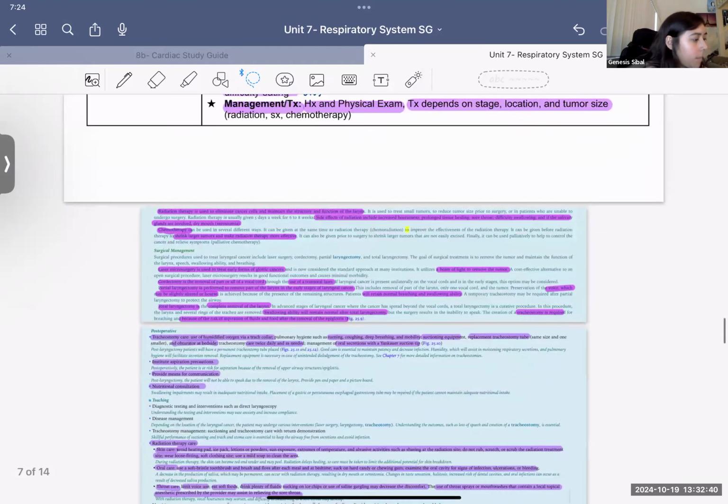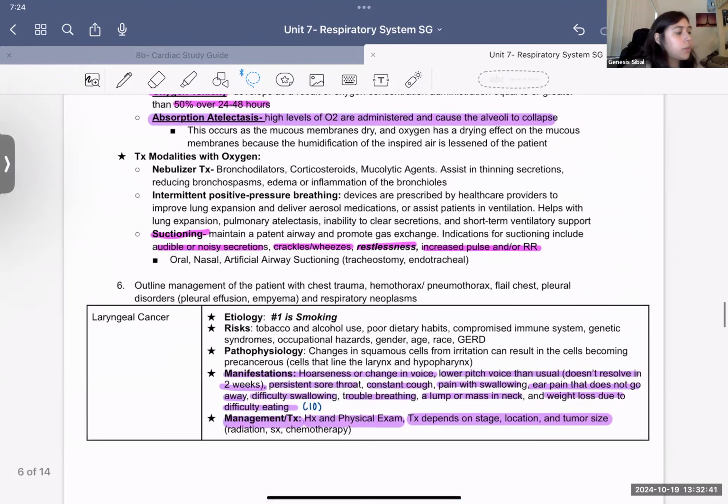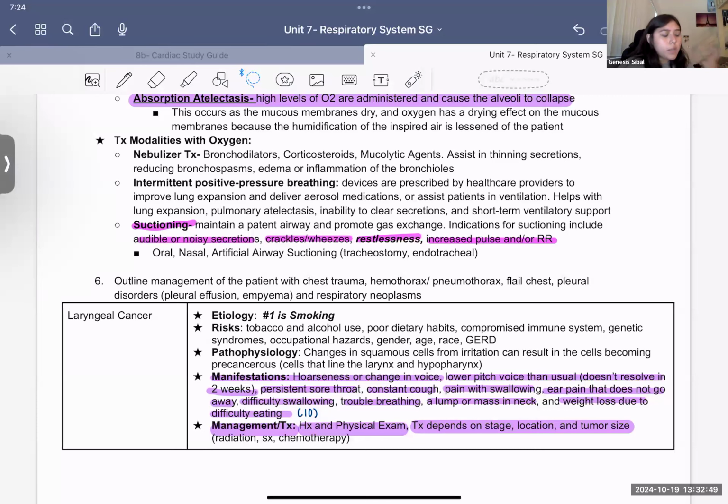Oh yeah, okay. So laryngeal cancer, number one, is always going to be smoking, especially when we're talking about the laryngeal area, because that's where the airway is. And so if they're smoking, obviously it's going to be compromised. So tobacco, alcohol use, poor dietary habits, GERD because of the acid that's going on in your tract.